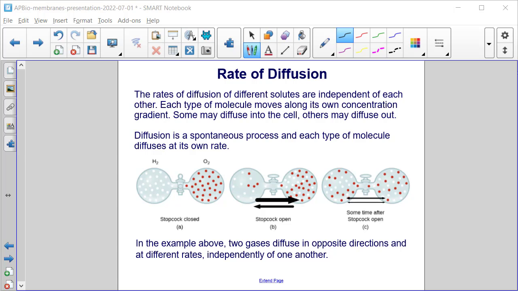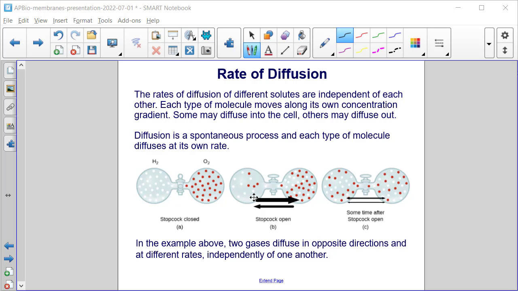We have two different gases in two different bulbs, and currently they're separated from each other because the stopcock is closed. If we open the stopcock, diffusion will begin because we have an area of high concentration of O2 here, low concentration here, an area of high H2 concentration here, and low here. So the H2 will diffuse to the right, the O2 will diffuse to the left.